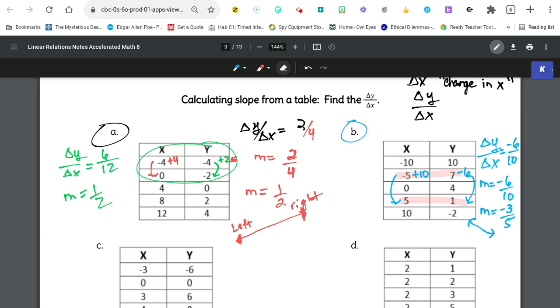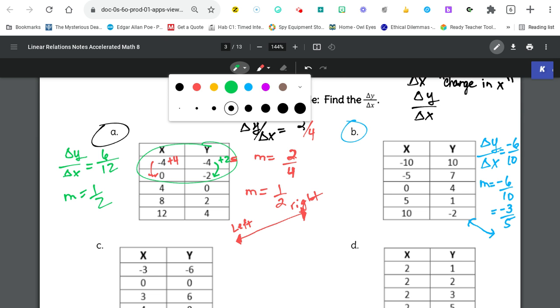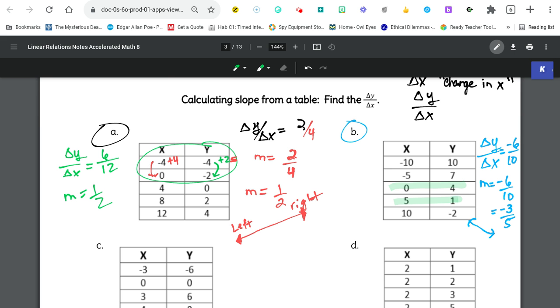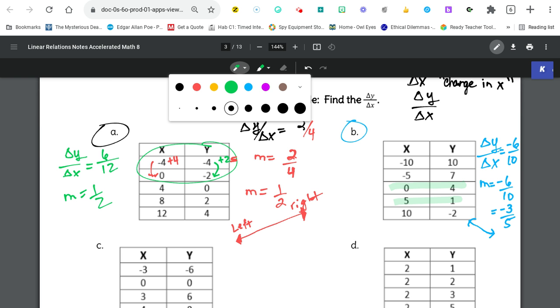All right, I'm going to go back and just show you using 2 more points, okay? And some people hate dealing with negatives. If you don't like dealing with any negative coordinates, then don't. You don't have to. Okay, I'm going to do this one in green, and I'm going to pick these 2. I'm not going to pick anything that has a negative in it, okay? For some people that don't like dealing with it.